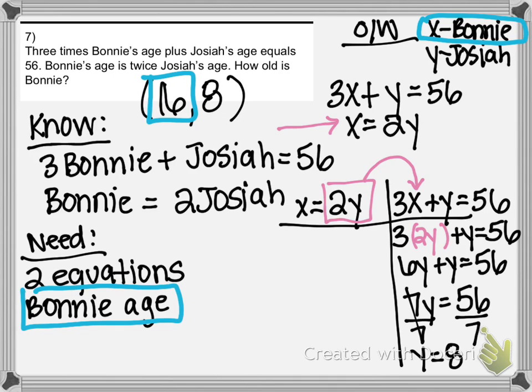Now, we solved for Josiah. Remember, the problem asked us for Bonnie. So in order to finish this problem, we're going to have to take 8 and substitute it back in. So this is x equals 2 times 8. So obviously that's going to turn into 16.